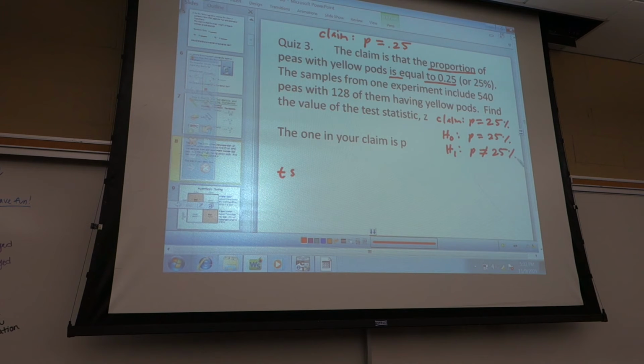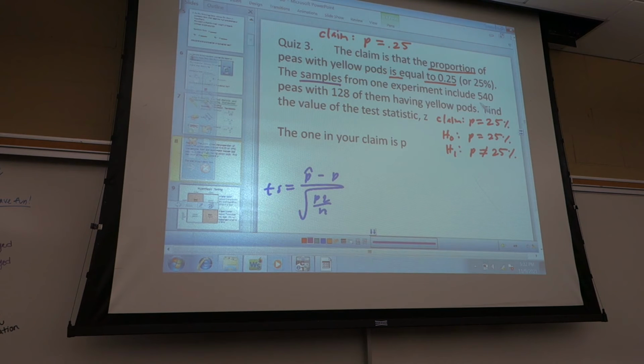Perfect. All right, great. So then my test stat is, let's see, it's a proportion. So for proportions, it says p hat minus p over square root of pq over n. Which means I need to find my p hat, the sample proportion.